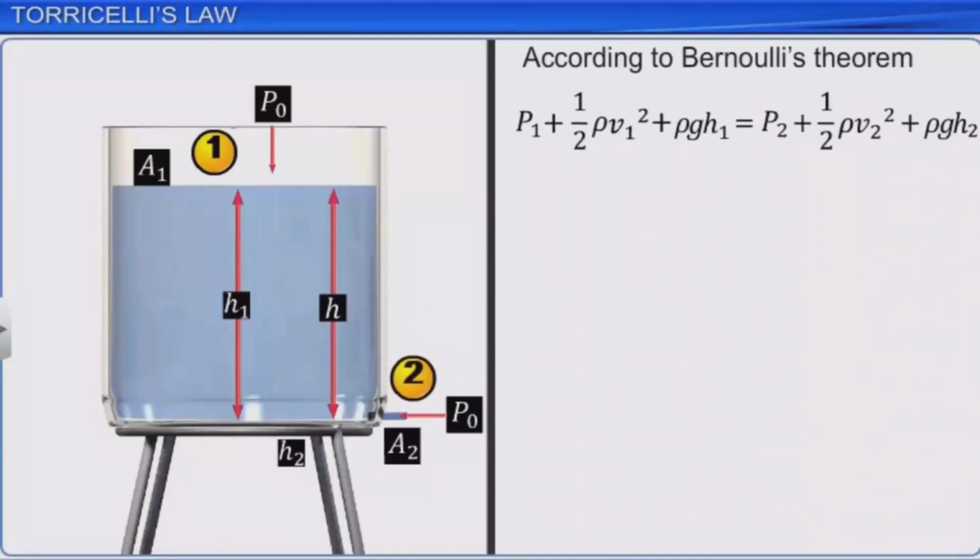As the liquid is exposed to the atmosphere at both the openings shown at positions 1 and 2, the pressure on the liquid at both positions is equal to atmospheric pressure P0.